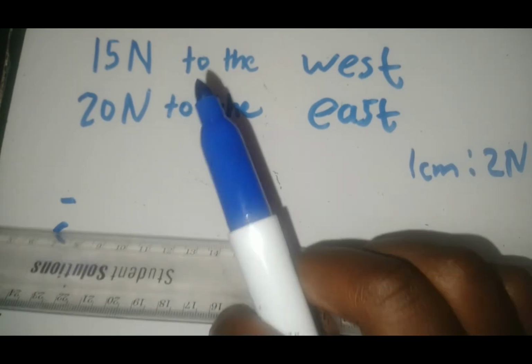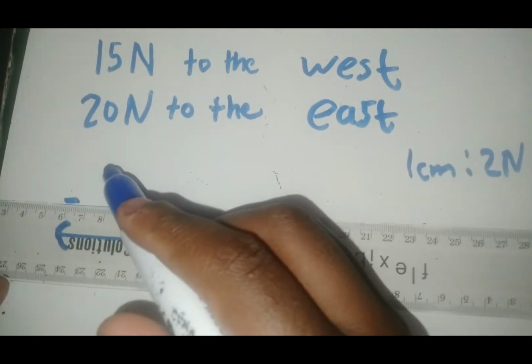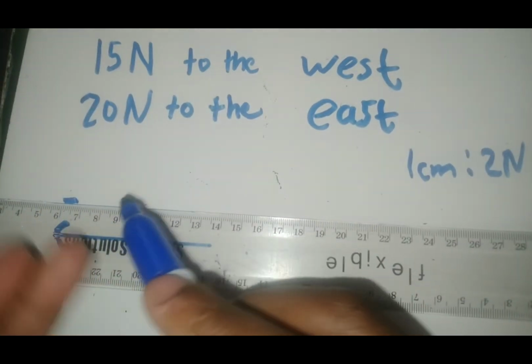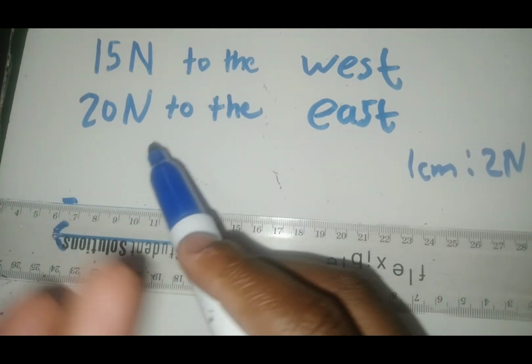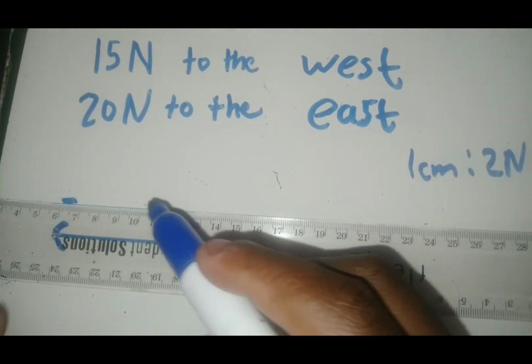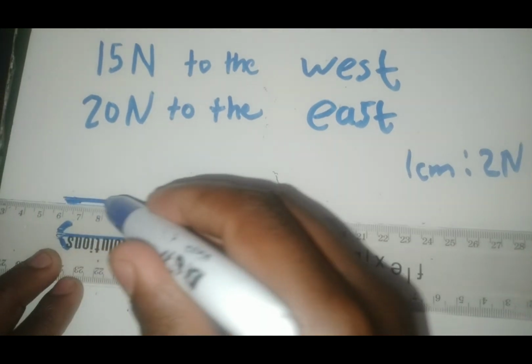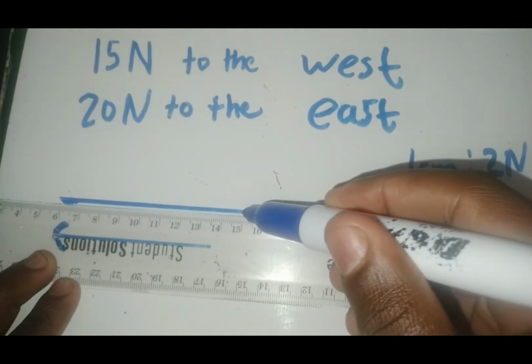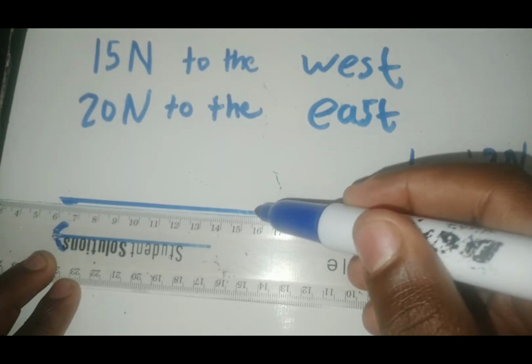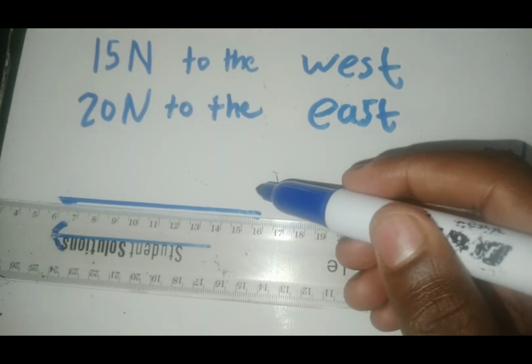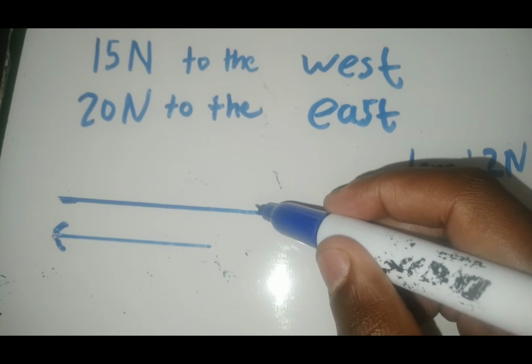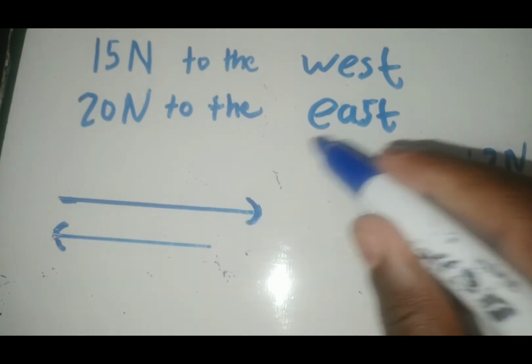So I have to measure 10 centimeters, because 20 newtons is 10 centimeters, since 1 centimeter is 2 newtons. So 10 centimeters will end here, and the arrow is facing this way, remember, to the east.